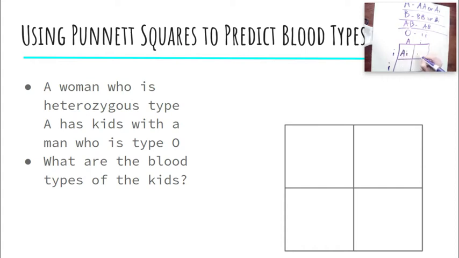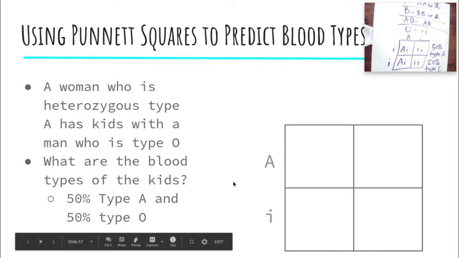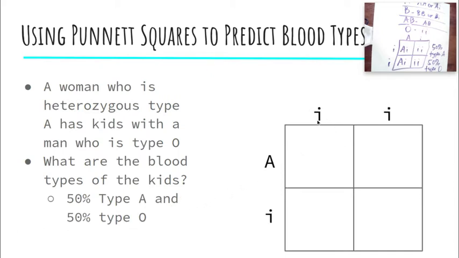If we fill this in, I would say 2 out of 4, so that's 50% type A blood, and then there's a 50% chance of type O blood. That is basically what I just filled in here in the punnett square.